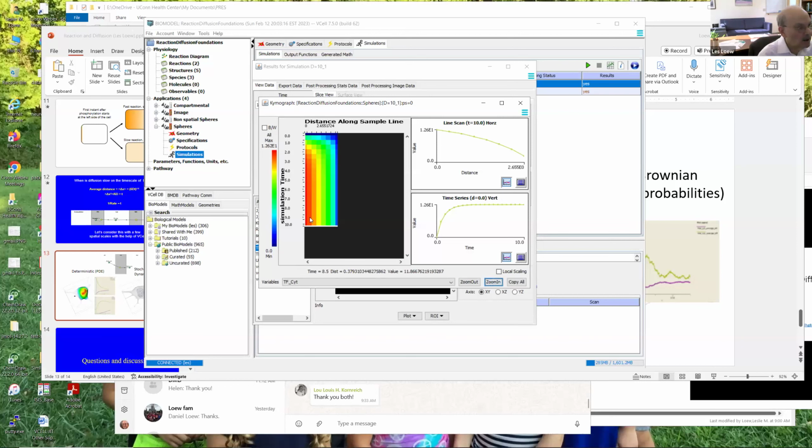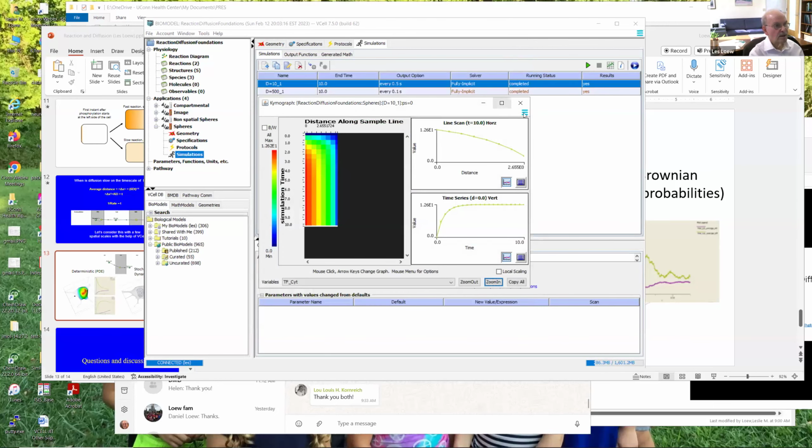So you can see that the system reaches a steady state and that there is a significant gradient that persists, because as the molecule diffuses to the nuclear membrane, it's being pumped in. So there's always a depletion of the molecule at the nuclear membrane. So this system clearly requires full reaction diffusion if you're going to ever see that gradient.